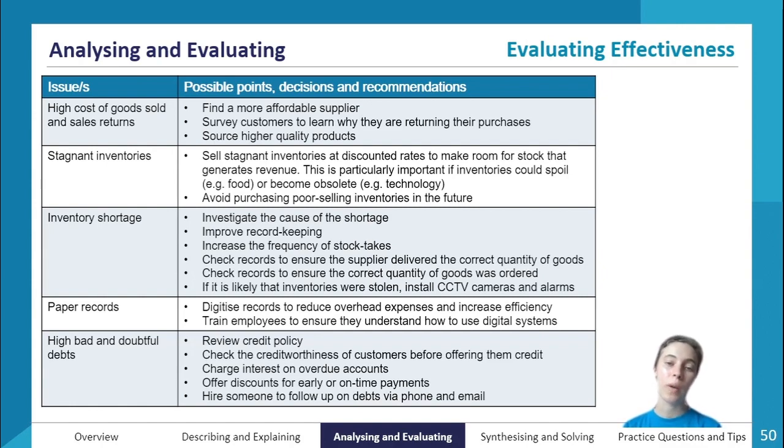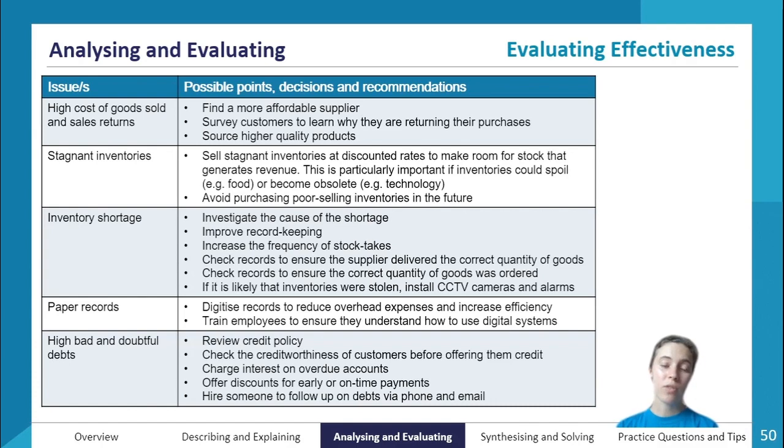Potentially quality could be the issue with the cause of sales returns. Maybe the sales returns are not about quality and they're about people having bought something that wasn't what they expected it to be. So maybe the labeling or the marketing around things is not clear enough.